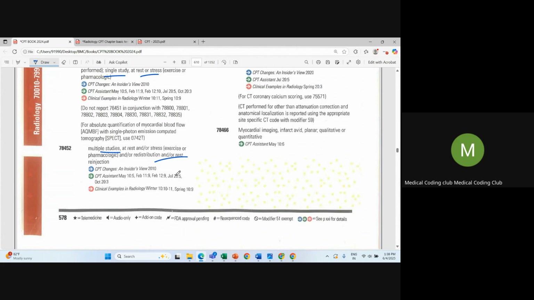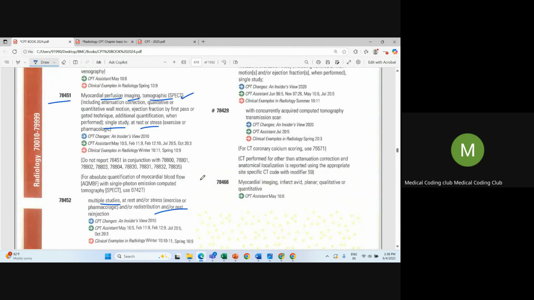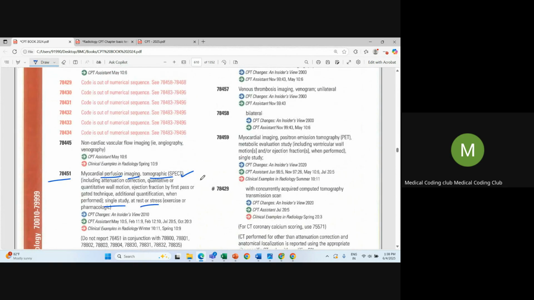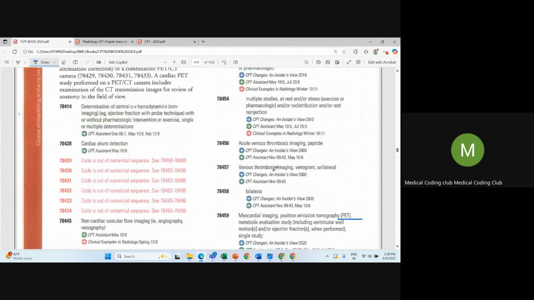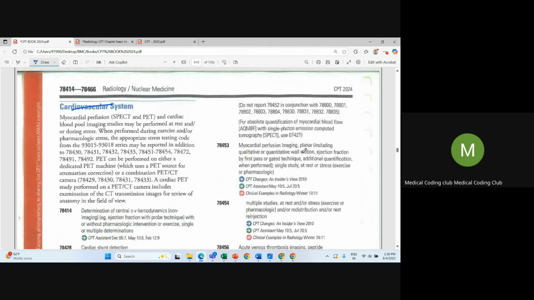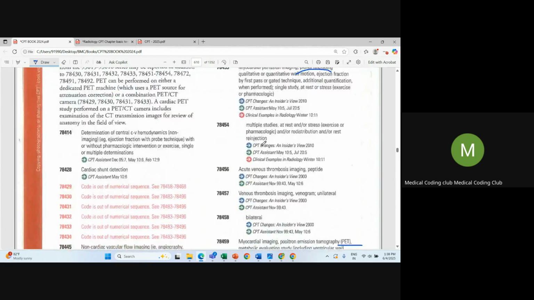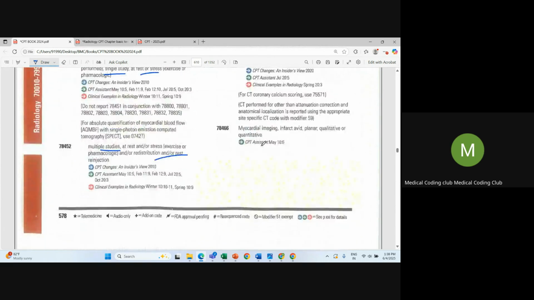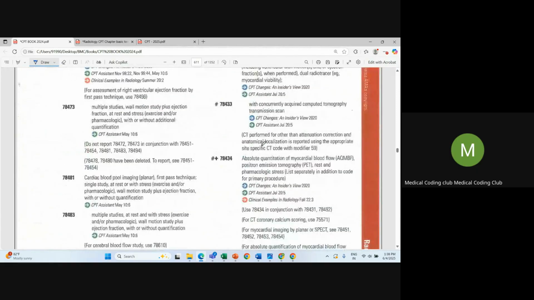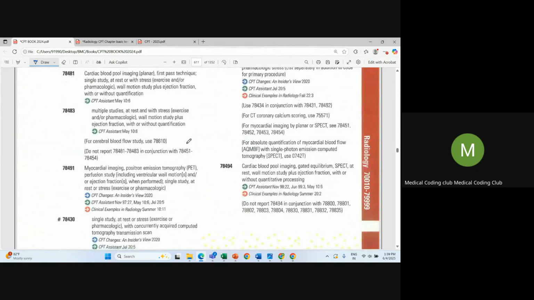Okay, so are they doing a single study, multiple studies, or what kind of technique are they using, PET or SPECT, or maybe gated equilibrium, first pass technique, or planar. All of this we need to check. Okay, so the same goes with the other systems under nuclear medicine.